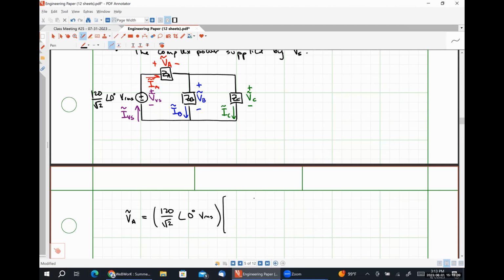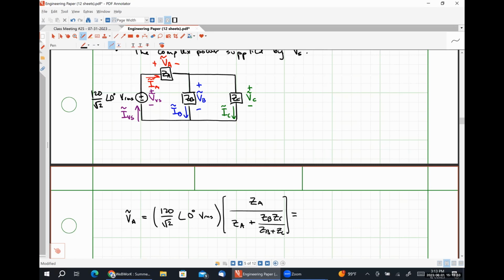I'm trying to find the voltage drop over impedance ZA, so that goes in my numerator. And then in the bottom, I'm going to have the total series resistance seen by my voltage source, which would be ZA plus ZB in parallel with ZC, which is just the ZEQ that you were talking about, right? So ZB in parallel with ZC is going to look like ZB times ZC over ZB plus ZC. And now I get that voltage in one step instead of 3. Yeah, cool. Okay.